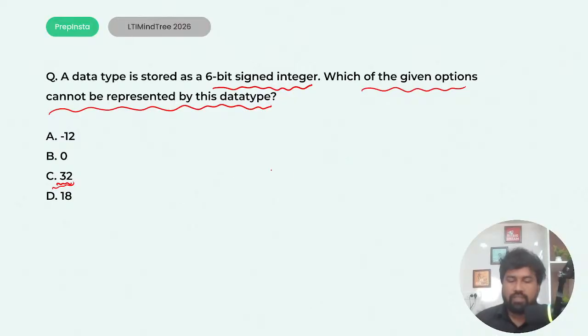Let's cross verify once. What is meant by signed integer? It has negative values as well as positive values. We always represent it in 2's complement representation. If we have n bits, the range is from minus 2 power n minus 1 to 2 power n minus 1, minus 1.